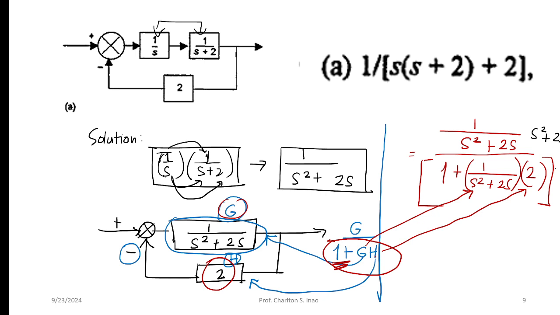This one here also, because this is the bar line that separates the numerator and the denominator. So we're going to put also S squared plus 2S here. Okay.